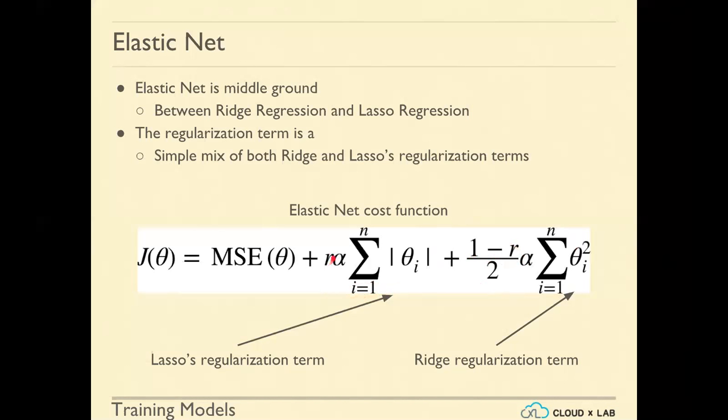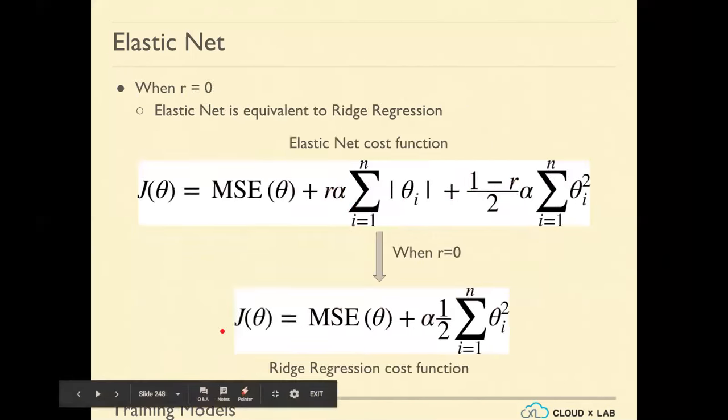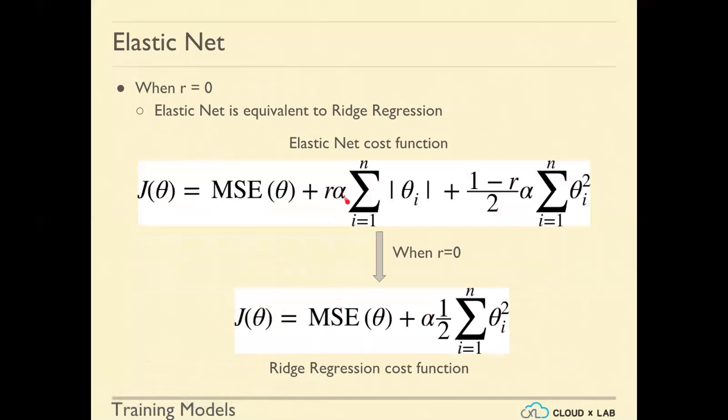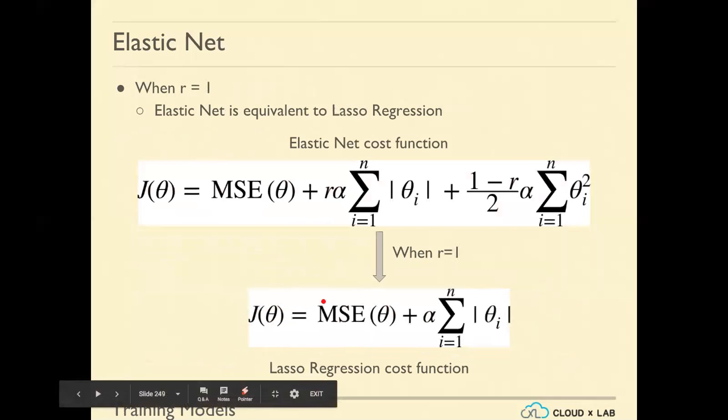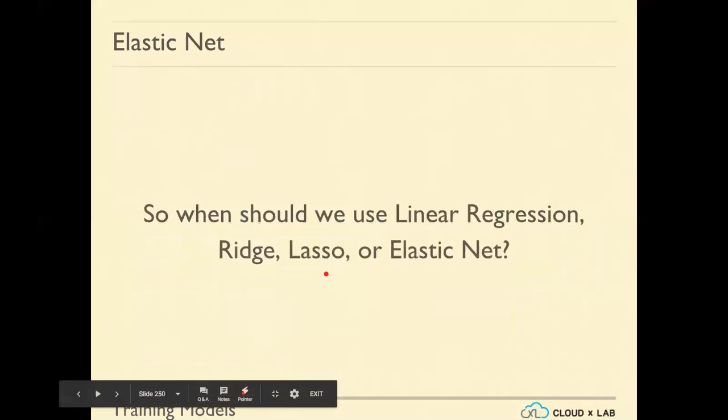If R is 0, then R is going to be 0, and this will behave like ridge. So if R is 0, the elastic net behaves like ridge, and if R is 1, it behaves like lasso.